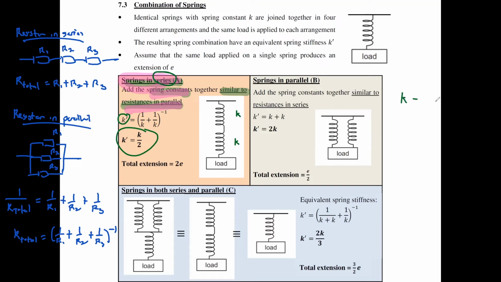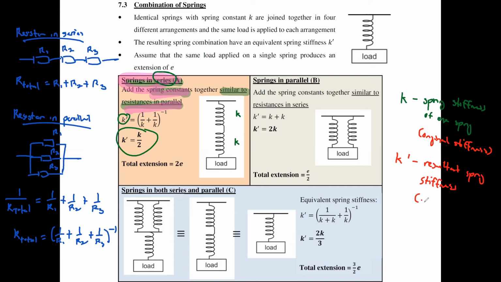K here is the spring stiffness of one spring. You can think of this as the original stiffness. K prime is the resultant spring stiffness.